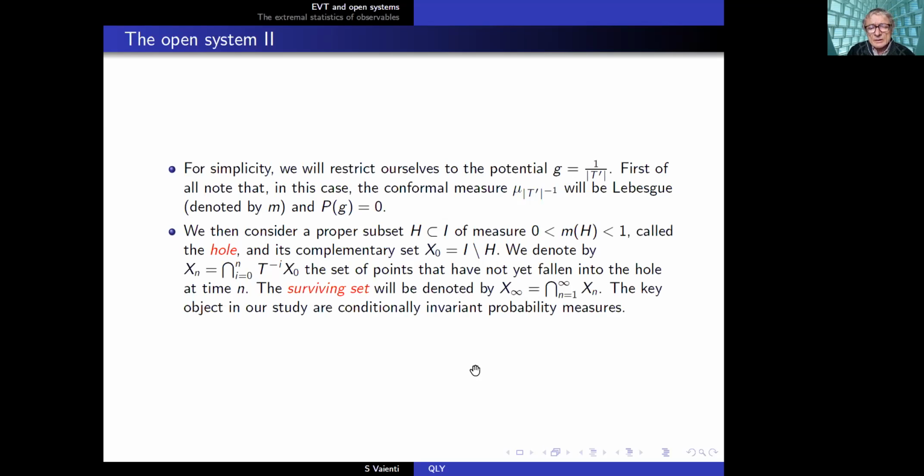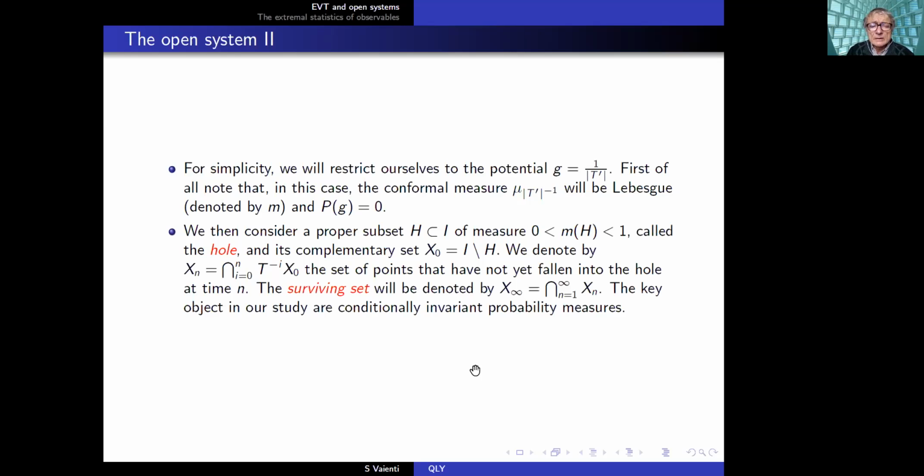And then we consider a hole, H, which is placed on the phase space. I will explain later on why this hole must be chosen very small, because we want to use a perturbation theorem which requires the hole to be particularly small, but I will come back to this point later on.